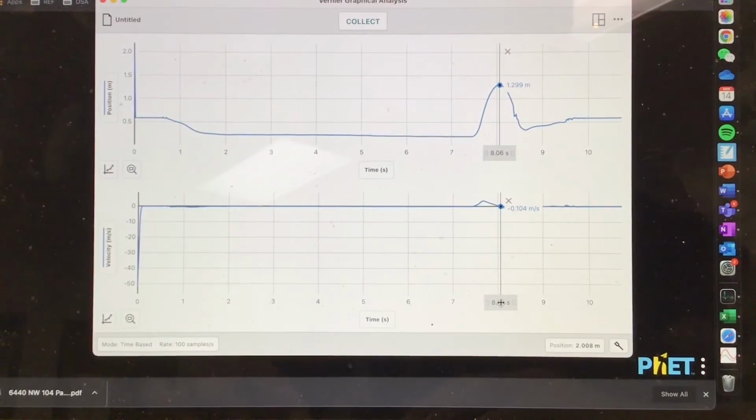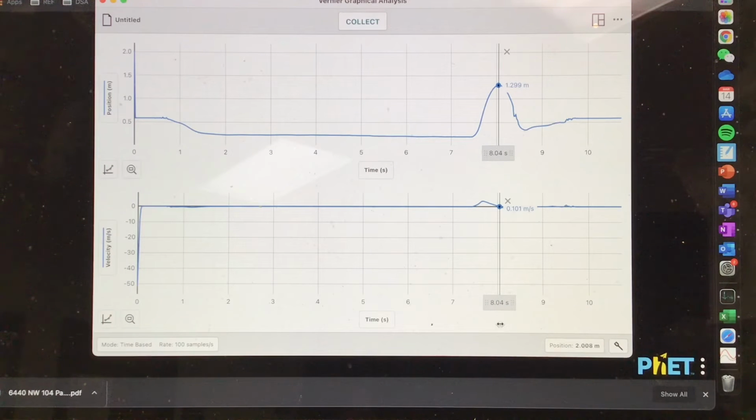No, actually this is wrong. Yeah, we can use 8.04 seconds. On the top, it is about 1.299 meters above the motion sensor, and the velocity at this moment is 0.101 meters per second.